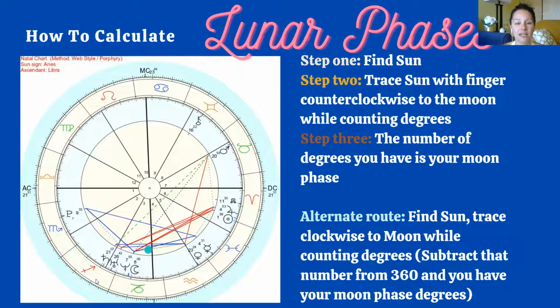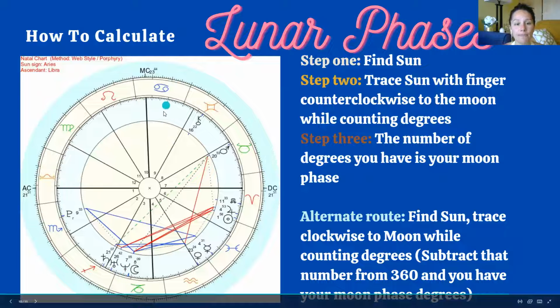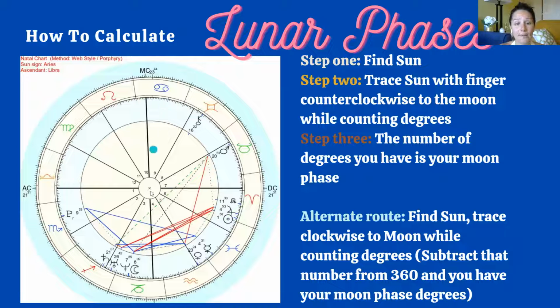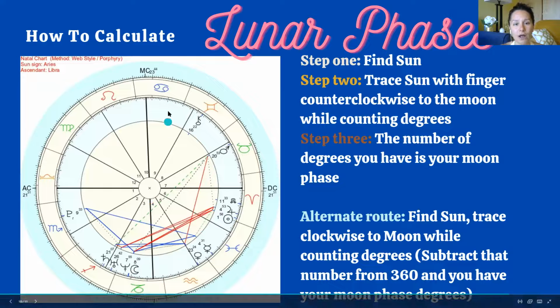For example, my moon is in Capricorn down here. If the sun when I was born was up here in Cancer, that would mean I was born under a full moon. If they're opposite, that's what a full moon is.